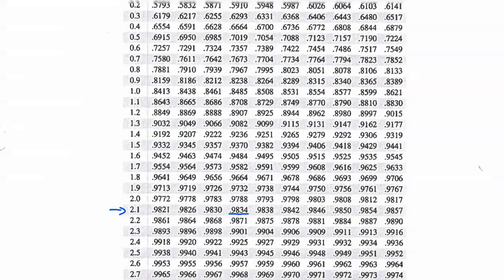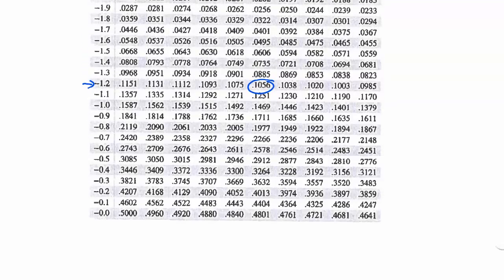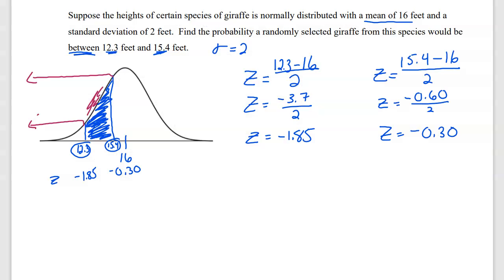So let's go up to the negative 1.8, and I'm going to get rid of that. Negative 1.8, 0, 1, 2, 3, 4, 5. So that's a 0.0322. That was for my negative 1.85.